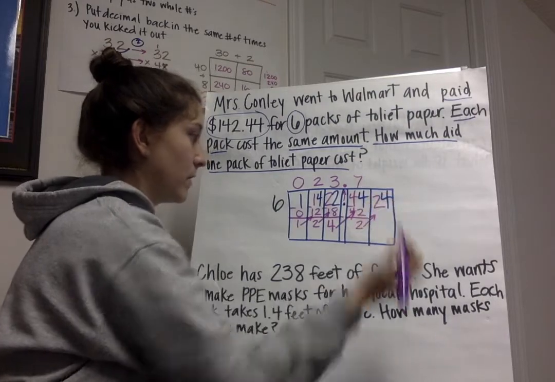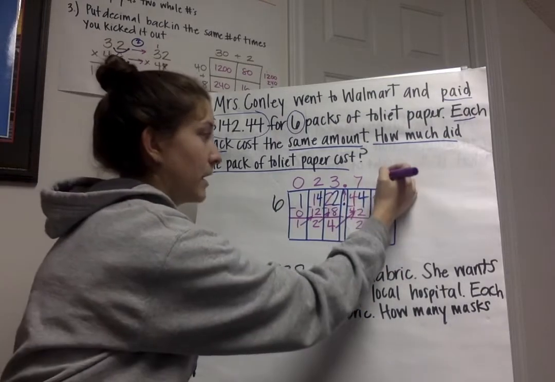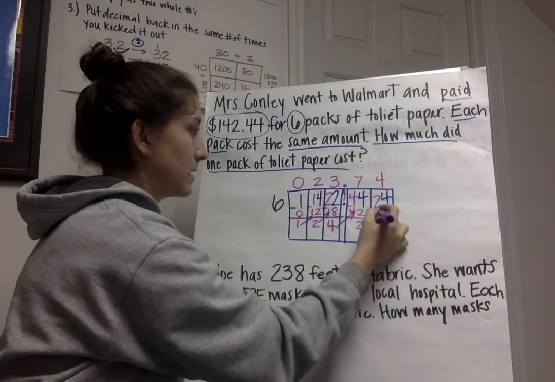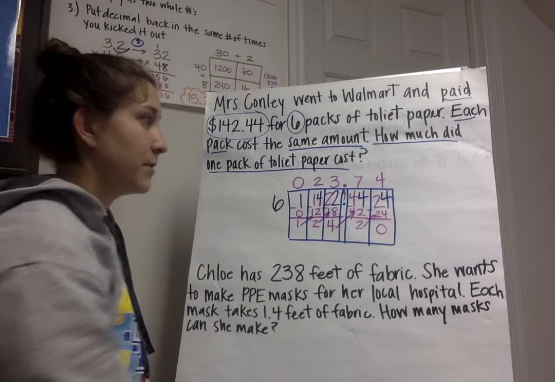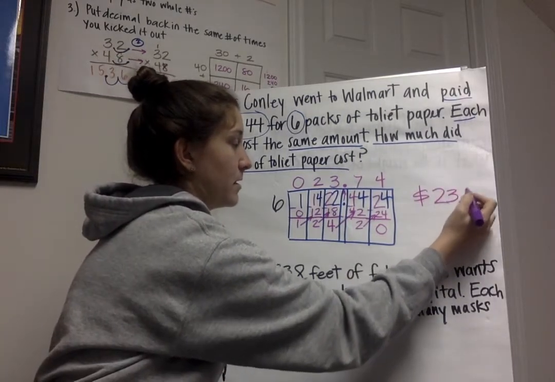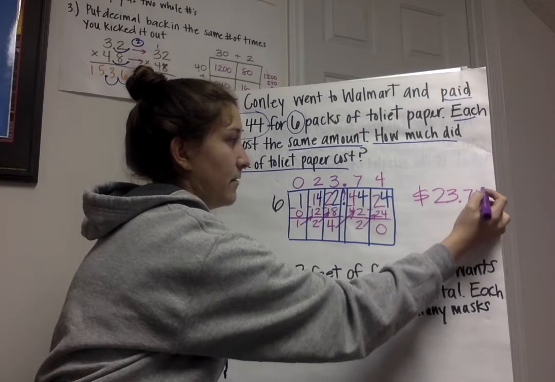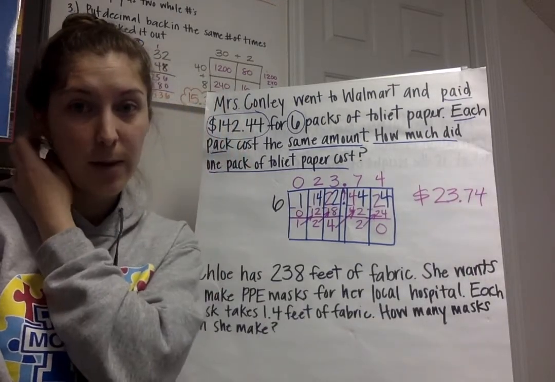Move that up and over. How many times can 6 go into 24? Can go in there 4 times. 6 times 4 is 24. I subtract, I get 0. So therefore, Miss Conley paid $23.74 for 1 pack of toilet paper.